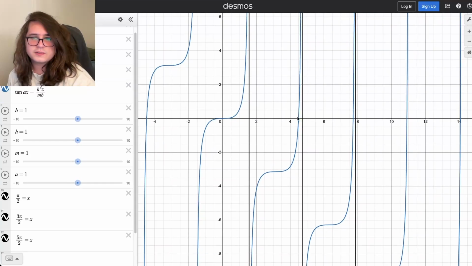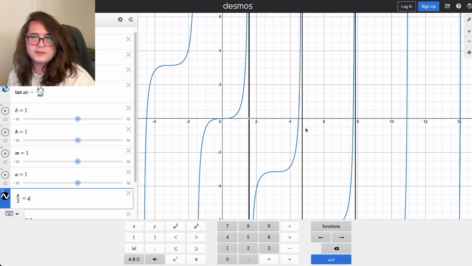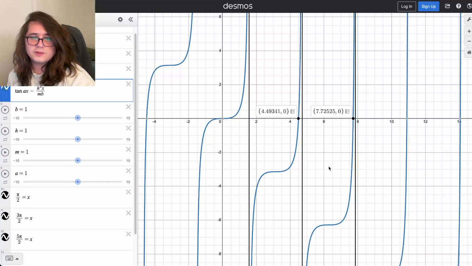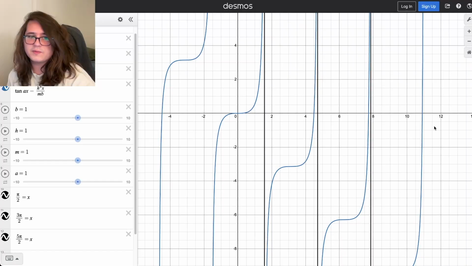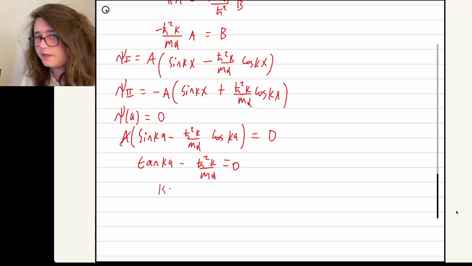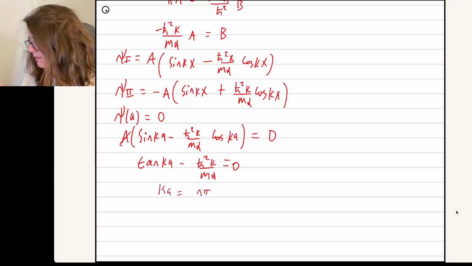But then it also crosses over here, which is pretty much 3 pi over 2, and then over here it's crossing at 5 pi over 2. So it looks like it's crossing consistently at odd multiples of pi over 2. So we're going to use that: ka equals n pi over 2 for odd n.